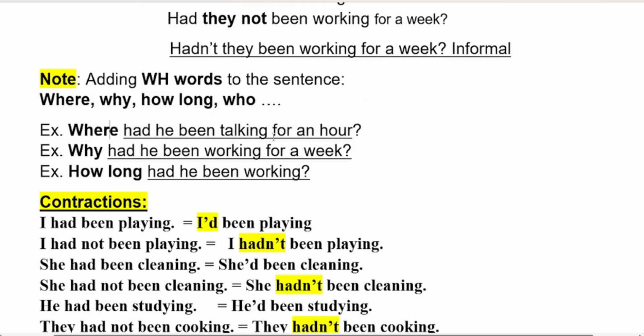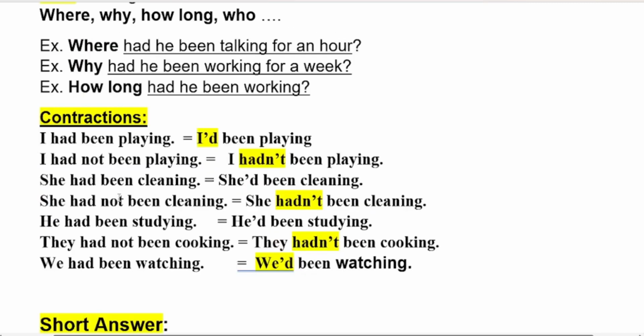Where had he been talking for an hour, right? Why had he been working for a week? How long had he been working? به همین ساده فرمولش تغییرات نمیاد، جمله سوالی ما همون باشه، فقط قبل از او چیکار میکنین؟ WH word اضافه میکنین.